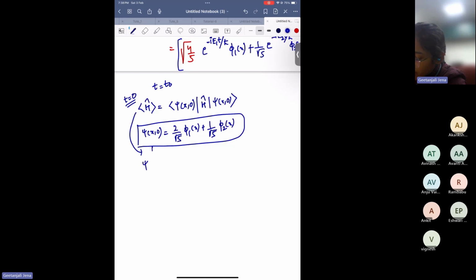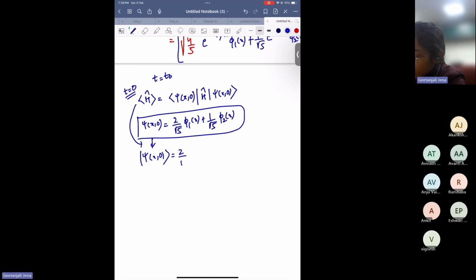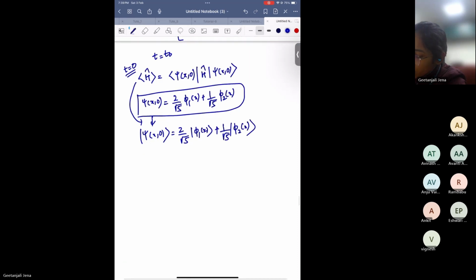You can write this as a ket vector: 2 by root over 5 phi 1 plus 1 by root over 5 phi 2.